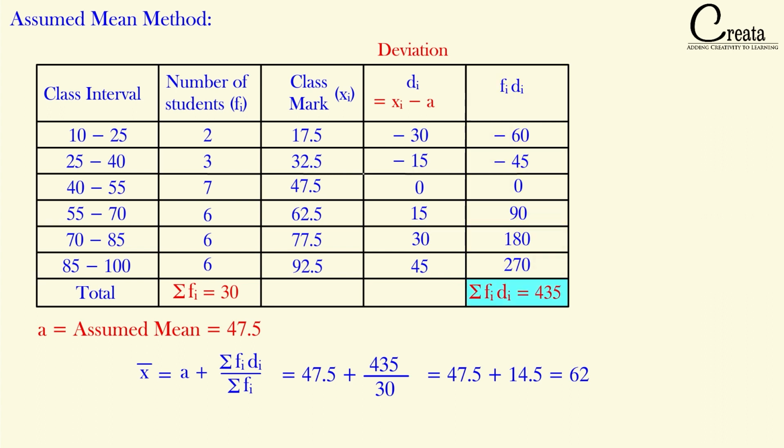We will do the addition. Now we will use the formula in which we have calculated the addition of fi into di, and we also know the value of sum of fi, and we also know the value of a. So using the assumed mean, we have calculated the mean. Got it? This is the assumed mean method. This we will use when the value of our observation is very large. So we have done with this method.